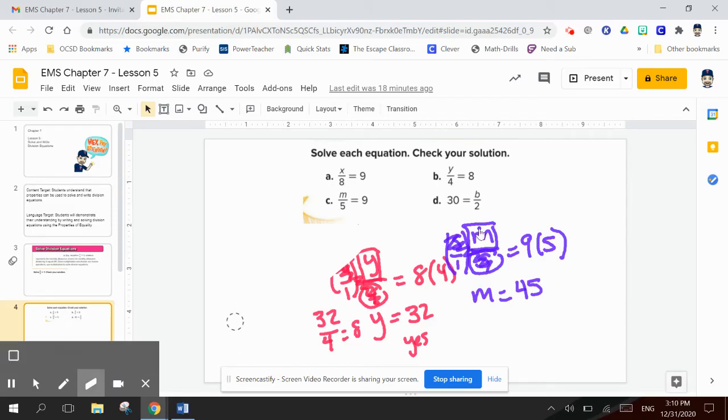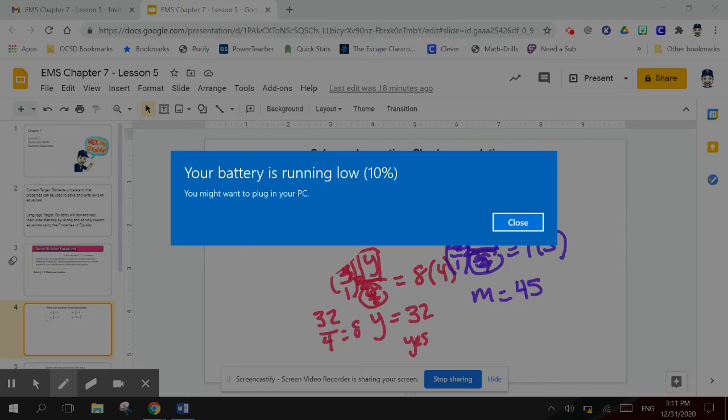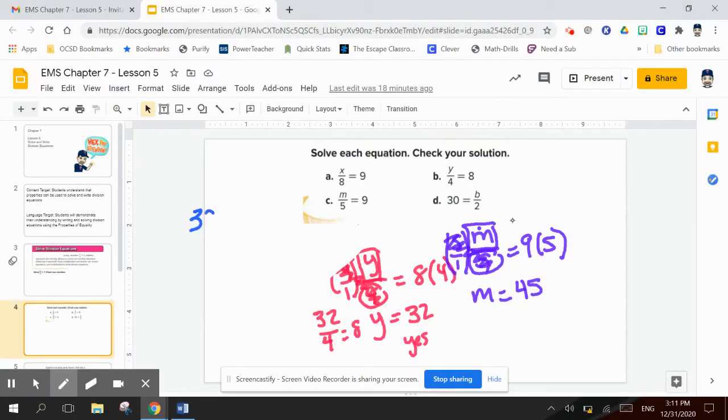I'd like you to pause the video and try letter D on your own. Letter D says that 30 equals b divided by 2. So again, I multiply by the denominator, which is 2.